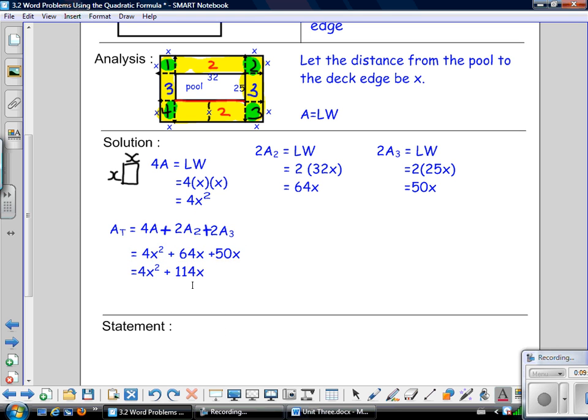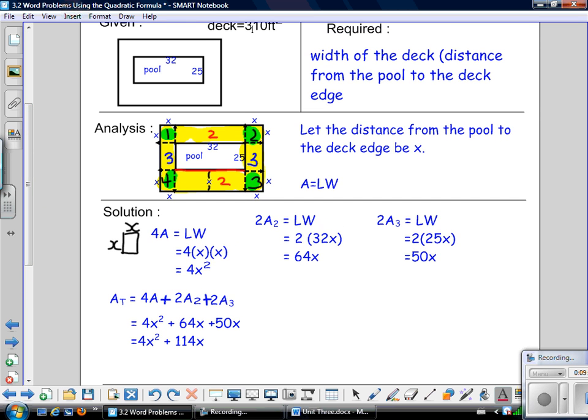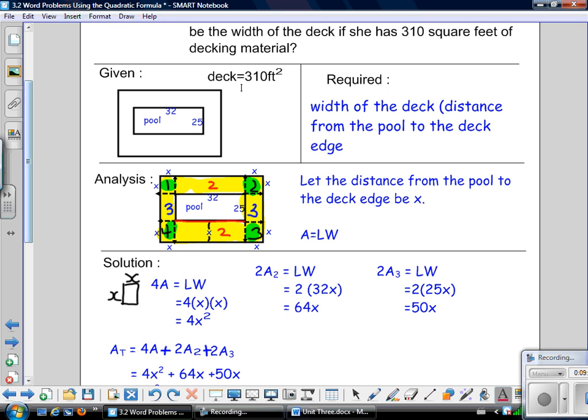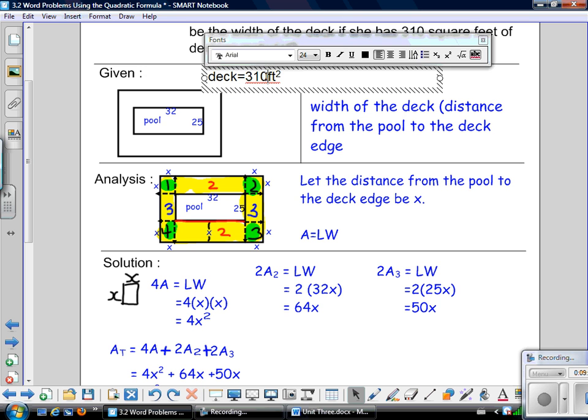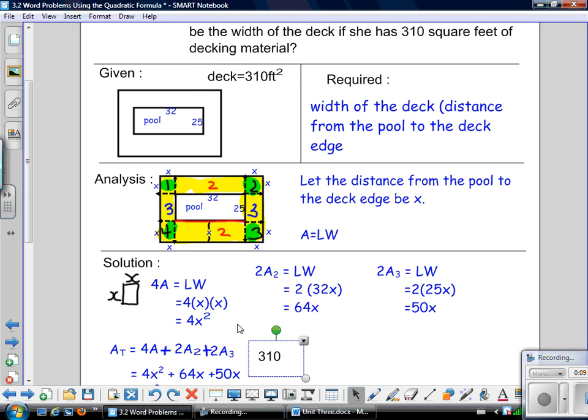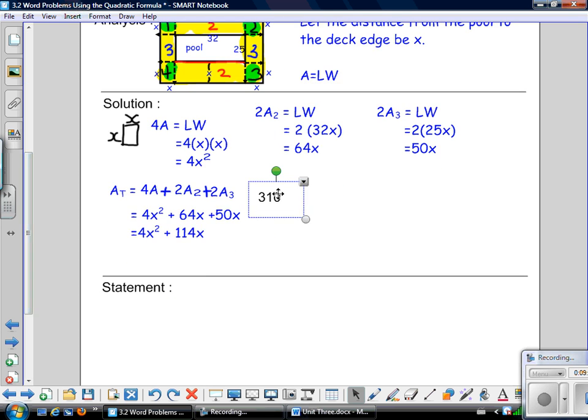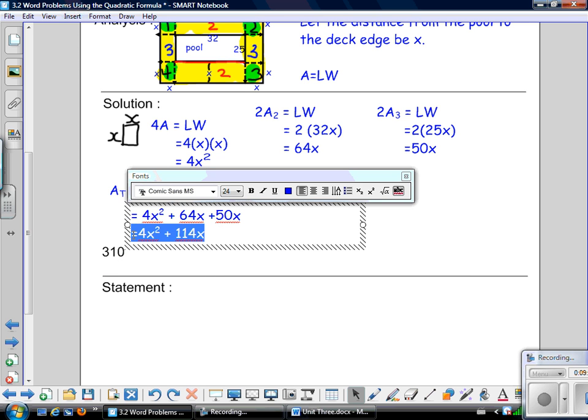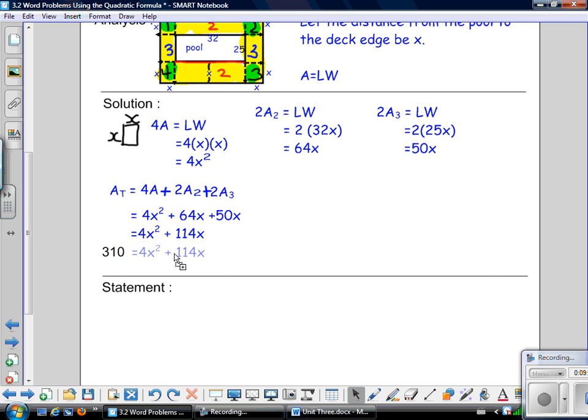And the other piece of information we have is, if we go back to what we have up here, we want the deck to have this amount of material. So that's what we need to also bring down. So if I bring that down, because that was another piece of information that we needed in this question, I know that this has to equal this, because that's what's given to us. So when that is put together, remember what we have to do is solve for x, and we have to have a 0 on this side.